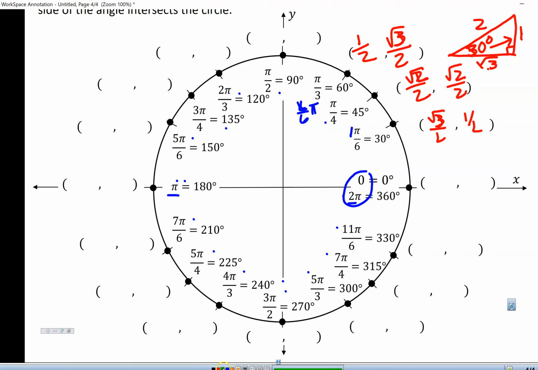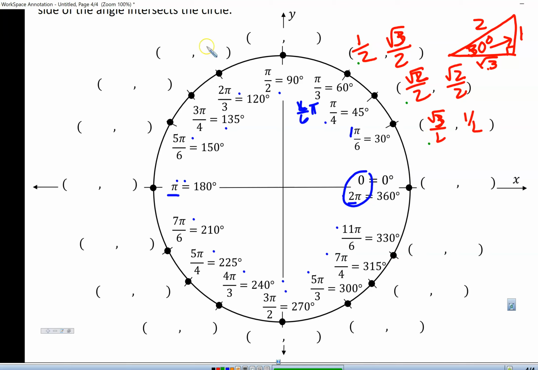So now you're looking at using symmetry. The unit circle is what we call symmetric with the origin. It has both x-axis symmetry and y-axis symmetry. So if I take everything in this first quadrant and I reflect it across my y-axis, all of these x's become negative.